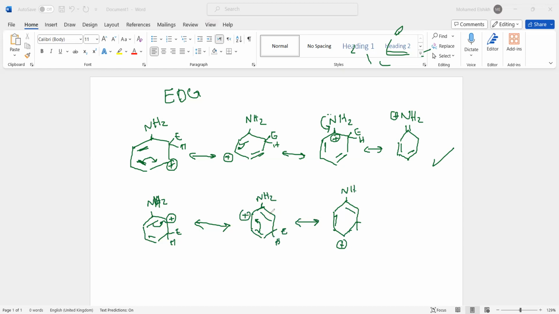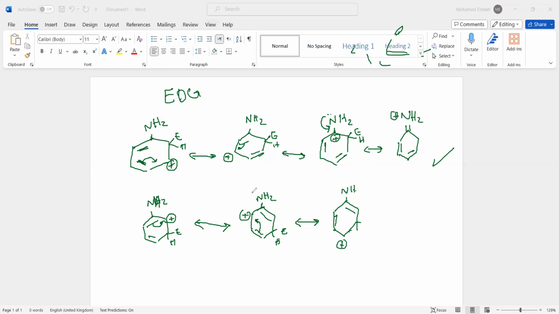Okay, so what is the observation here? What can we notice? Well, we can notice the following: in case of the ortho, and as I said the para will be the same, we have four resonance structures, whereas in case of meta we will only have three. So what is the difference between the two?